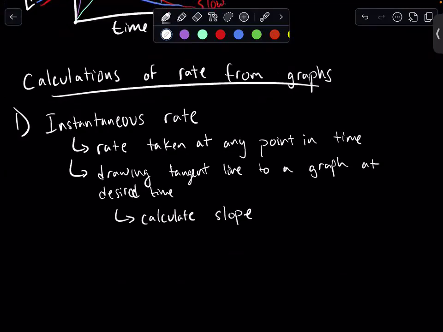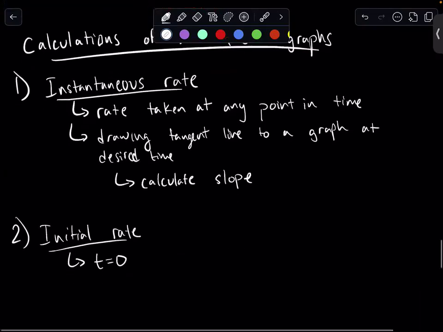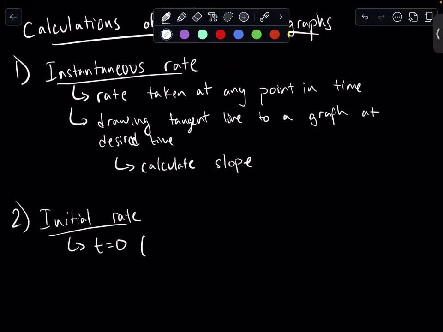The other one they really love to have students do is what's called the initial rate. Initial rate is the same thing as an instantaneous rate, except this is time equals 0. So you are basically still doing an instantaneous rate at time equals 0.